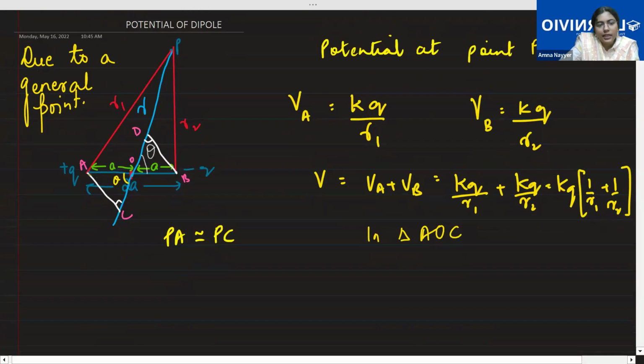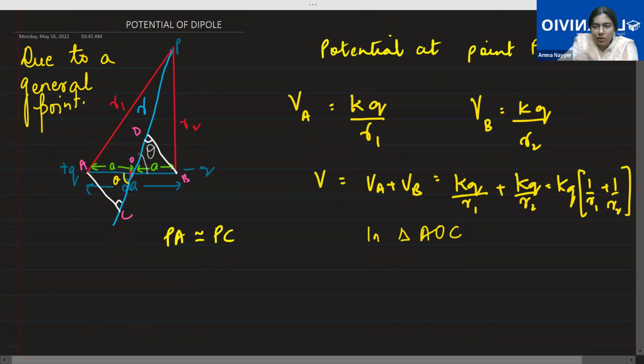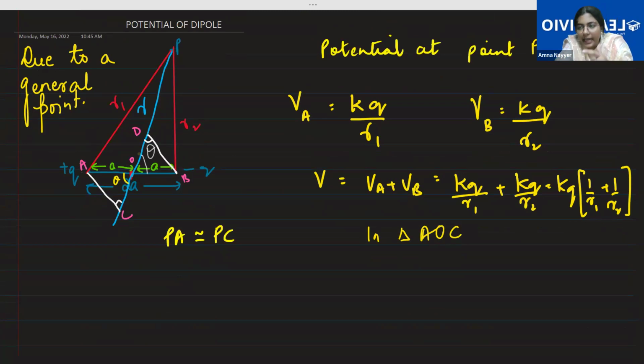Look at this part. PA and PO are not equal because PA is inclined, so it is a little lengthier. Now we have extended a portion OC by dropping AC as a perpendicular. If AC is the perpendicular, now we can say PA and PC are almost equal to each other. That's why we have done this construction, so that we get the two sides the same. Is this part clear?